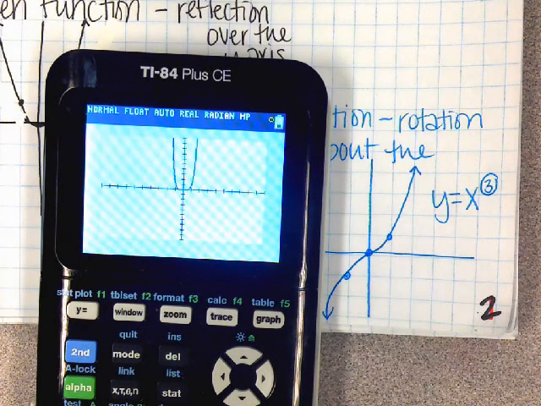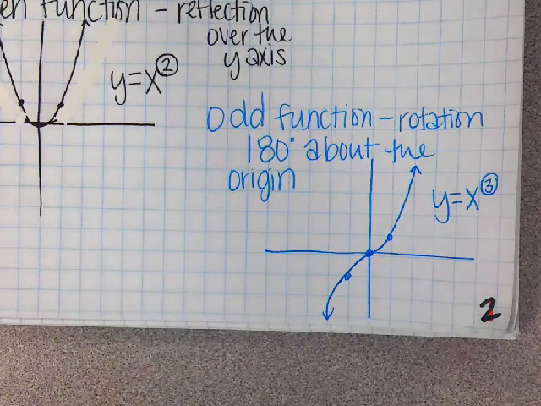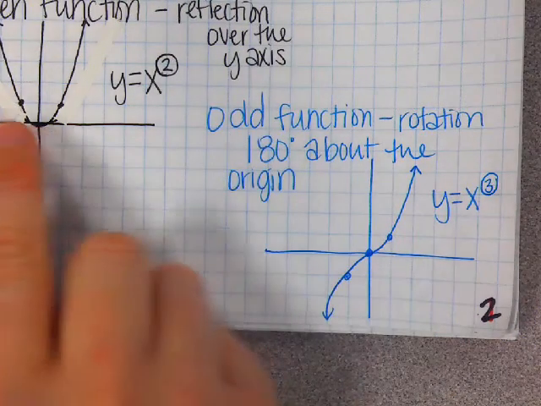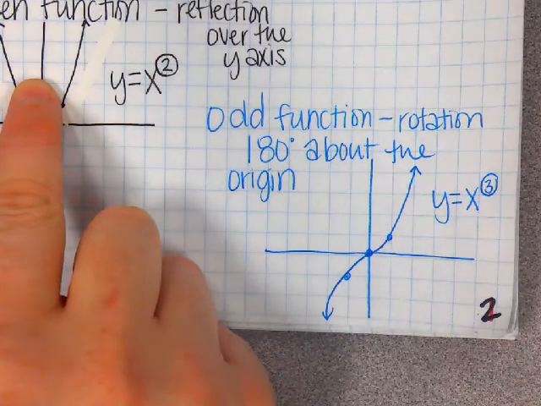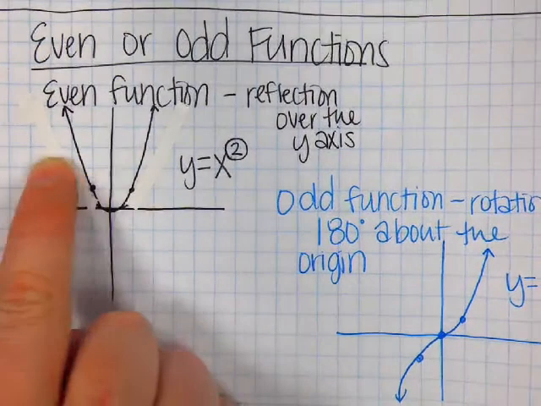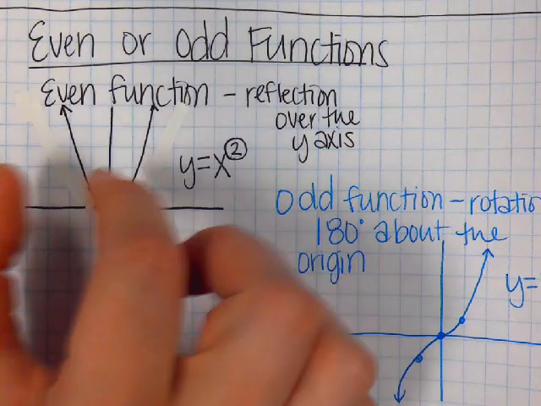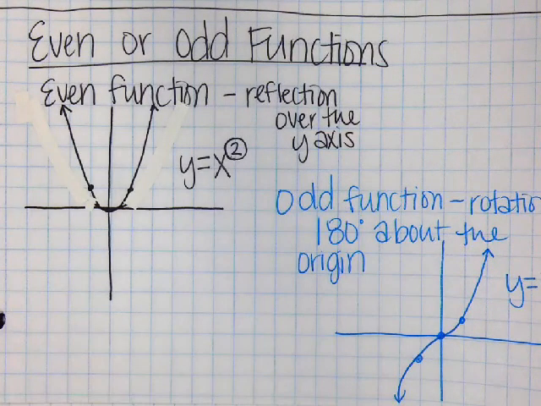To the sixth, that's an even function. So the parent function is always going to be even or odd. The only difference is if this was shifted up, it would still be even, but if it was shifted left or right, it would no longer be an even function just because it no longer reflects over the y-axis, I'm sorry.